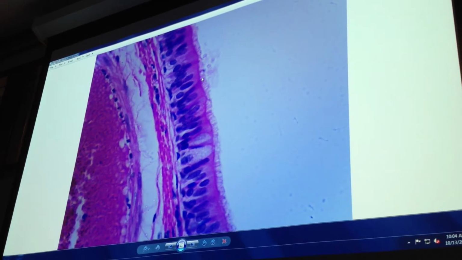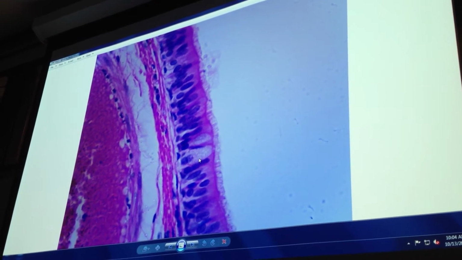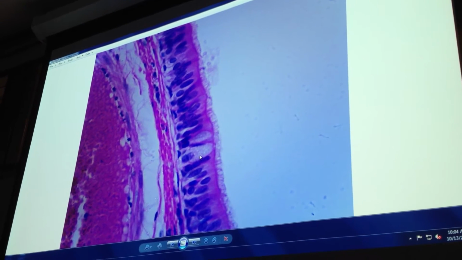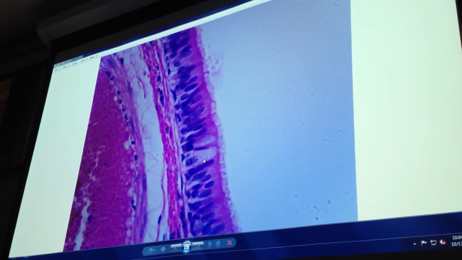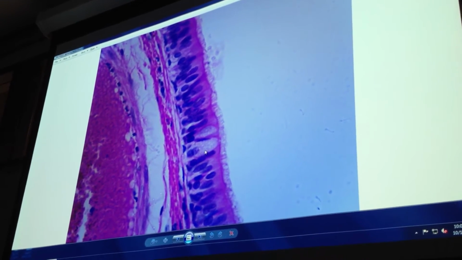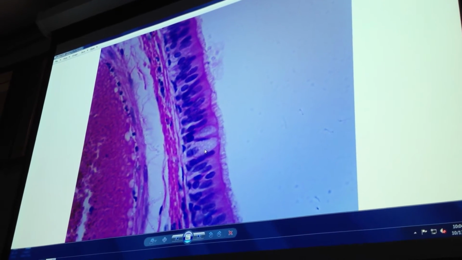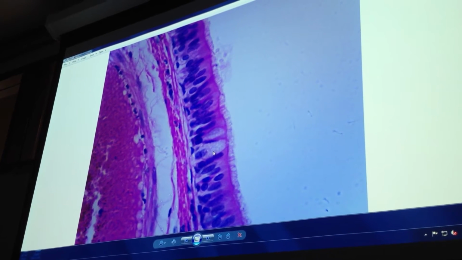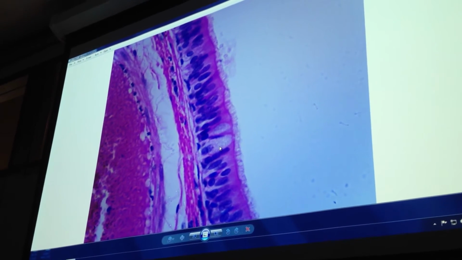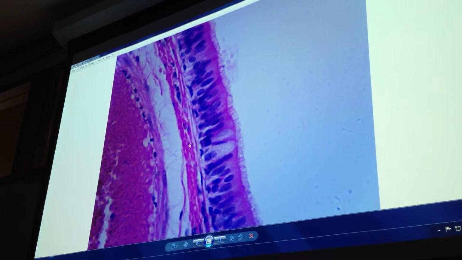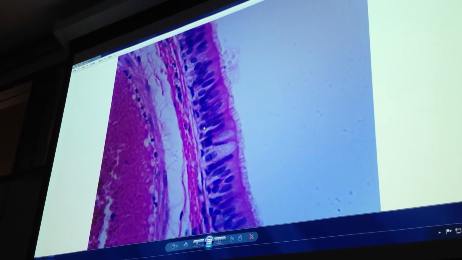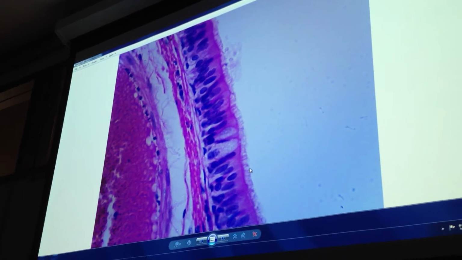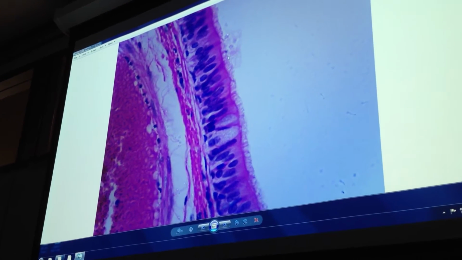Cilia. What's that? Goblet cell. What's the function of the goblet cell? Secrete mucus. What's the function of the mucus in this organ? Traps debris. What's the function of the pseudostratified ciliated columnar? Movement. It moves the mucus out.